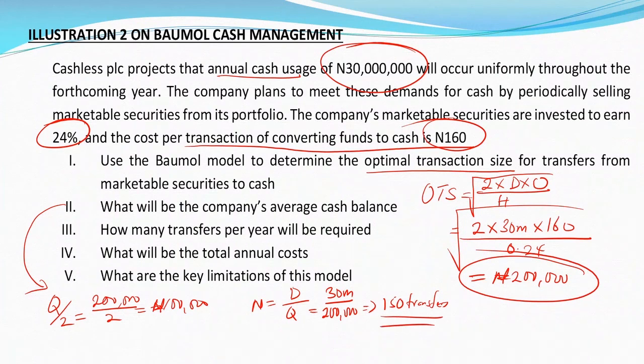Okay, so 150 transfers. What will be the total annual cost? Total annual cost, let me represent it with TAC, will be the total conversion cost, which is ordering cost, plus the total holding cost.